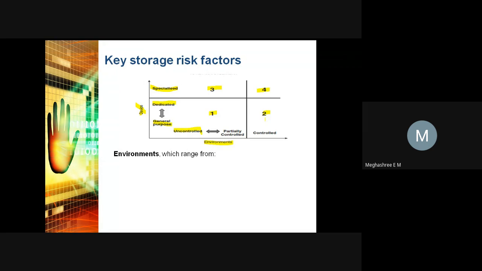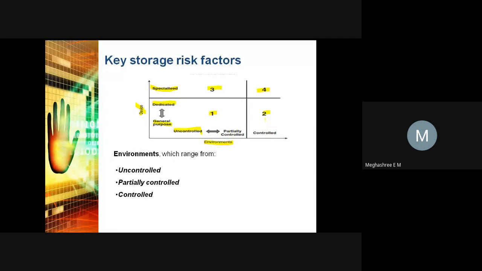As I said, environments range from uncontrolled to controlled, and also partially controlled. Uncontrolled means public environments like shops and restaurants, where it is not possible to implement strict access control mechanisms.